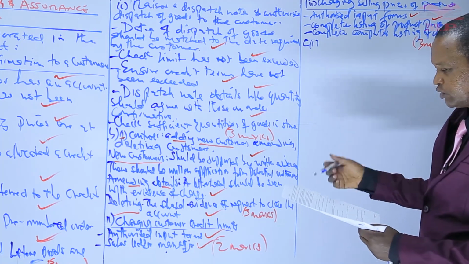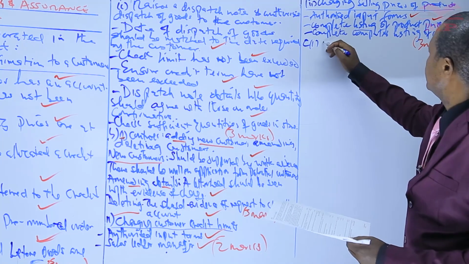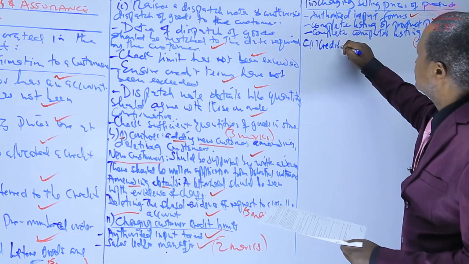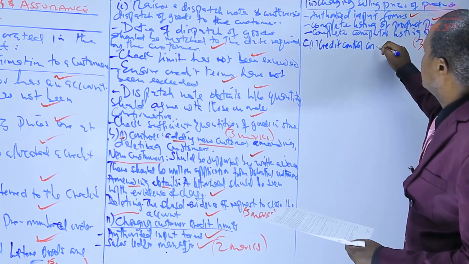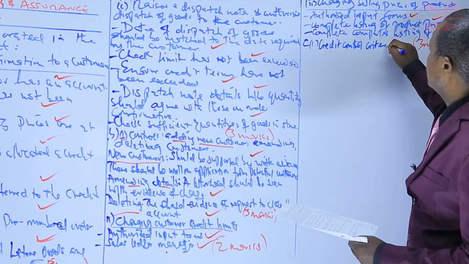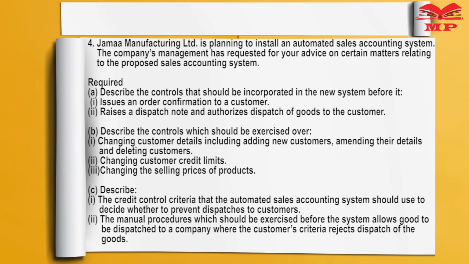Describe the credit control criteria that the automated sales accounting system should use to decide whether to prevent dispatches to customers.